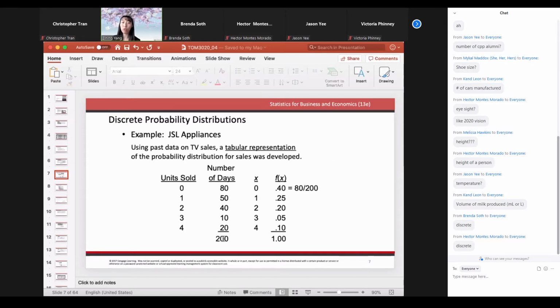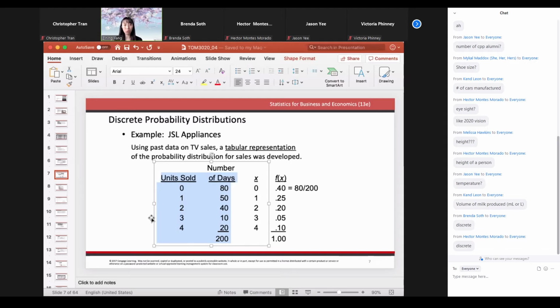This is more of a review of week 2, or week 3, sorry. So here we have all the numbers recorded, right? TVs sold, and another column of frequency, how many days. So here we can read that out of the total of 200 days, on 80 days the store sold 0 TVs. And on 50 days, the store sold 1 TV.